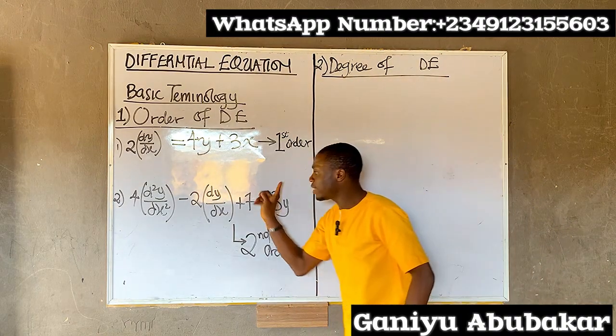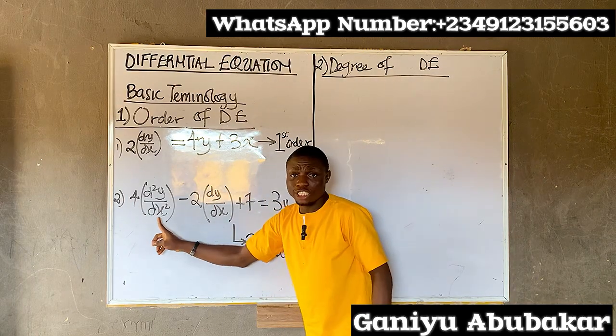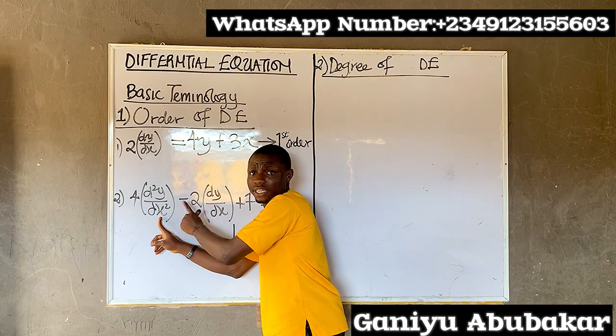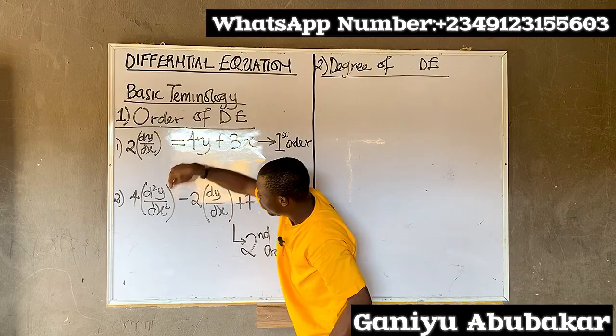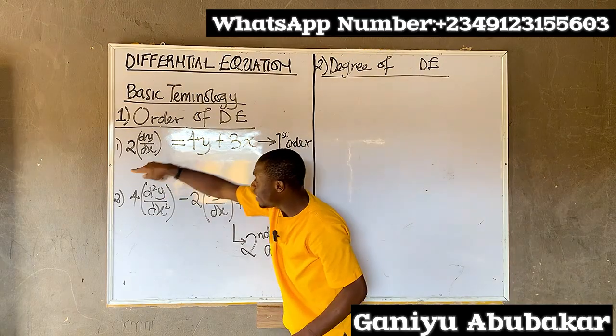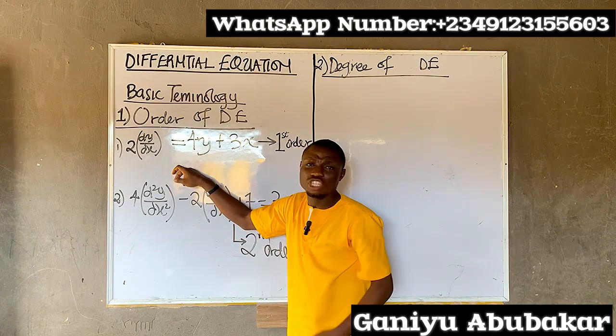For instance, in this case, my order was second order. This was the highest differential coefficient. So how do I get the degree now? The degree is simply the power to which this is being raised, which is an invisible 1. So my degree in this equation is just 1. Why 1? Because I'm focusing on the order.